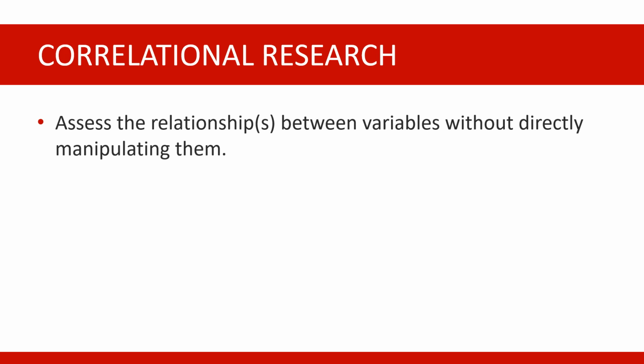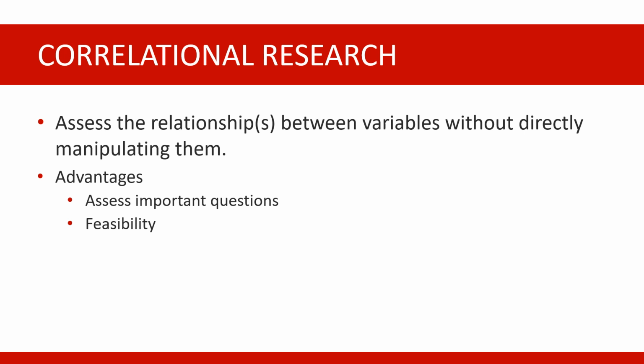We might be looking at the relationship between how many magazines people read and symptoms of eating disorders. All of these are examples of topics that we'll look at over the course of the semester, and this research is based on correlational research, where we're looking at relationships between variables, but we're not manipulating them experimentally.